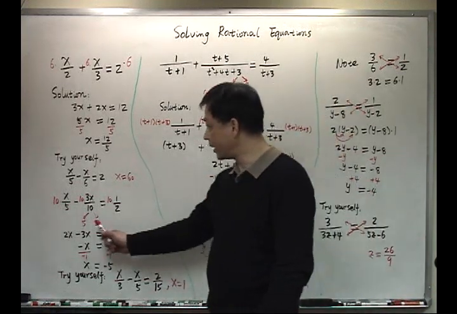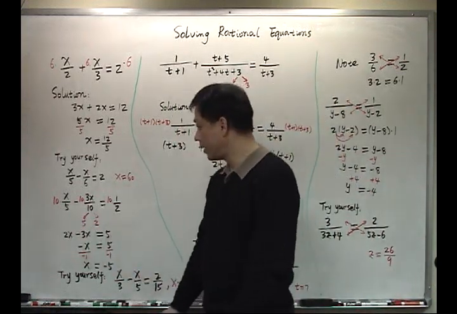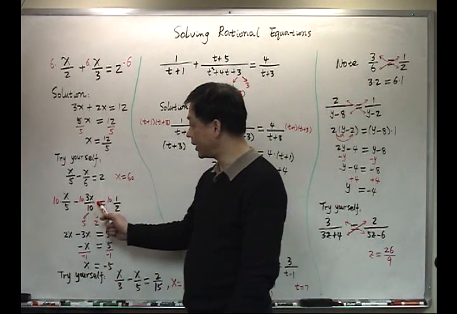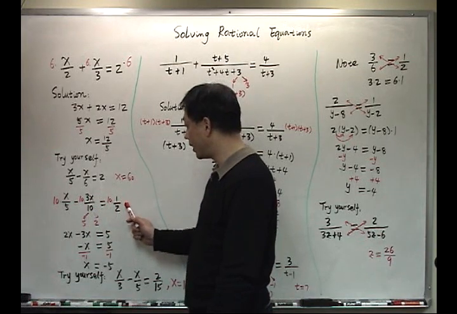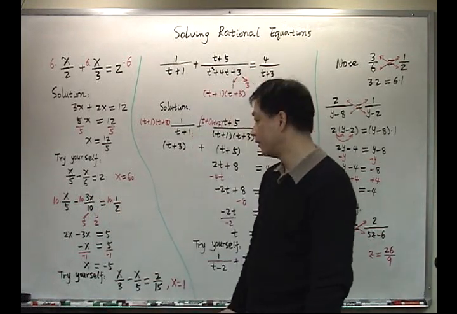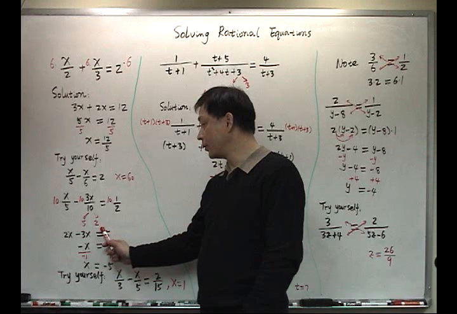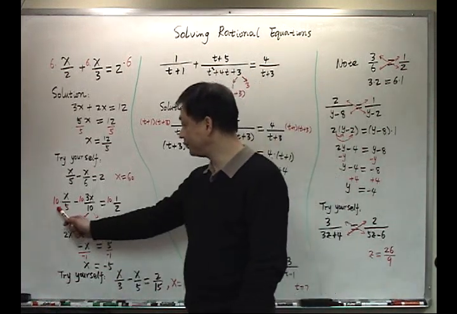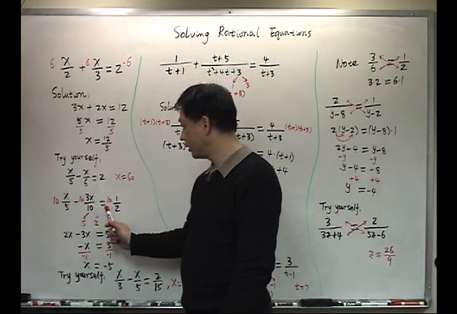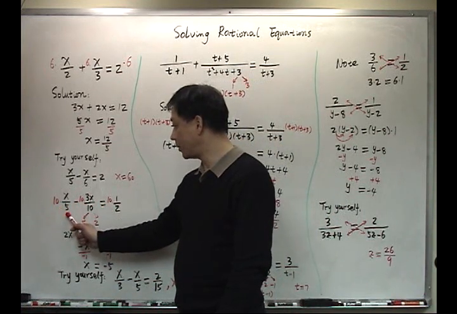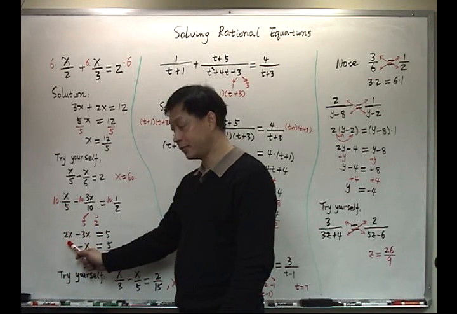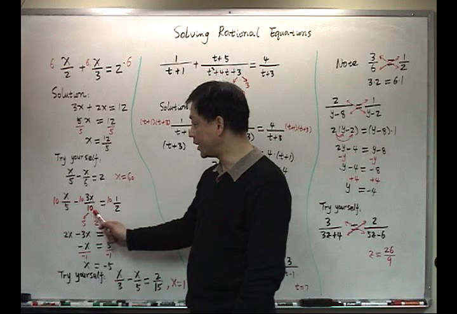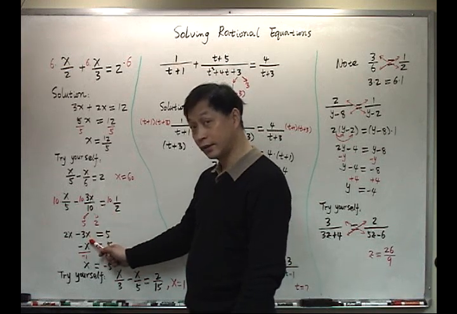Now, look at the second example. The second example is x over 5 minus 3x over 10 equals 1/2. We know 10 is 5 times 2. So if both sides are multiplied by 10, 10 divided by 5, you have a 2x. 10 times 3x over 10, the 10s cancel each other, you have a 3x.